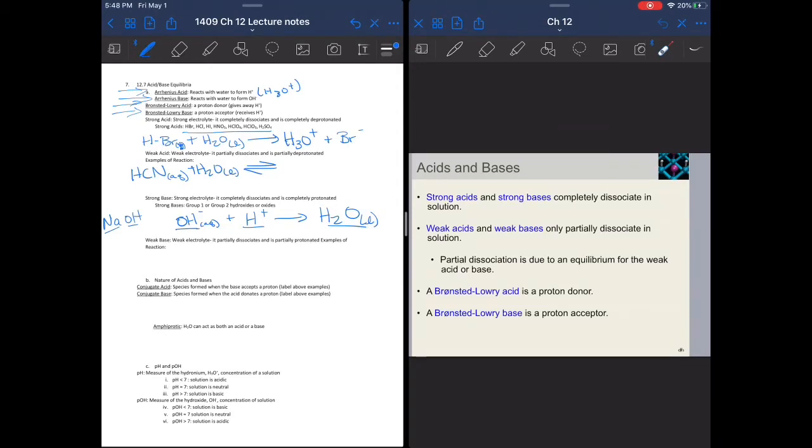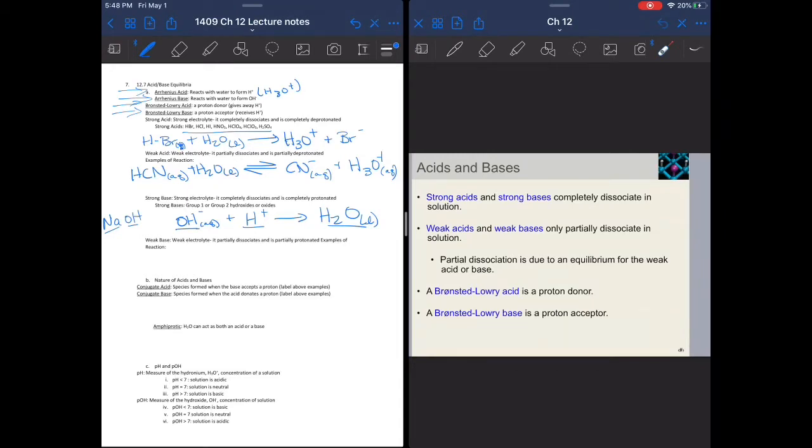HCN is the acid, so it is going to donate the proton. So we're going to wind up with CN minus. And then water is going to act as the base, and it is going to accept that proton, and we're going to get H3O+ in solution. All right, so that would be the equilibrium expression for HCN in water.